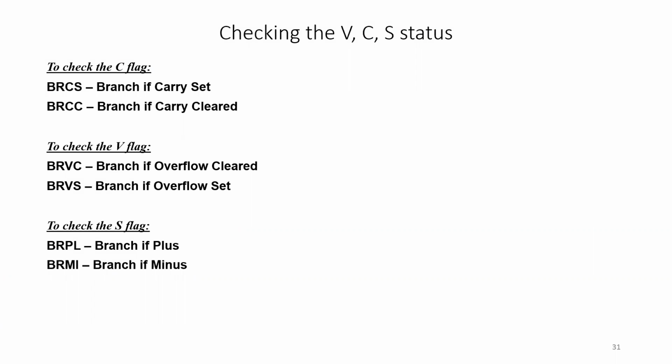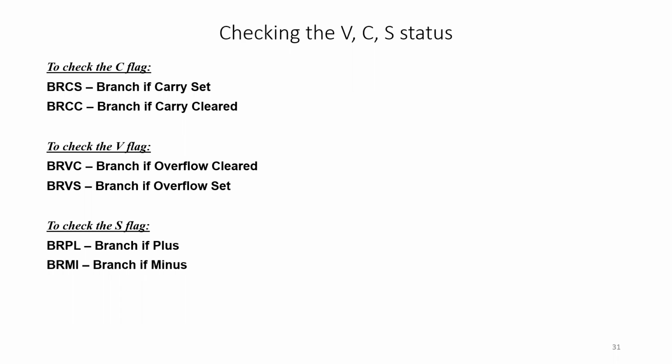Now, guys, how can we check the flags? We have some instructions to check these flags. We used some of these instructions before, but let's figure out the instructions for the 3 bits we discussed today, which are S sign, N negative, and C carry. In order to check these, we have the following instructions.